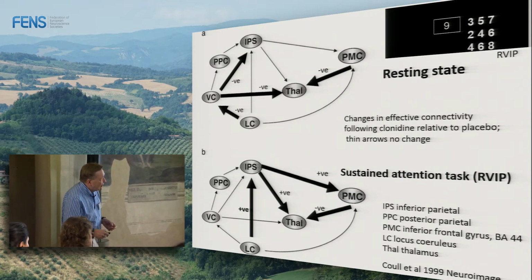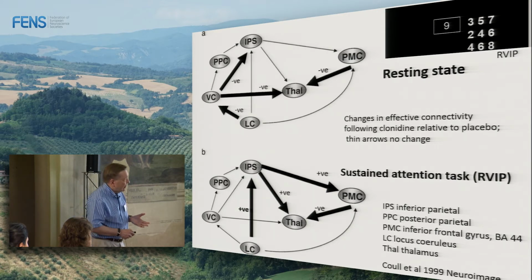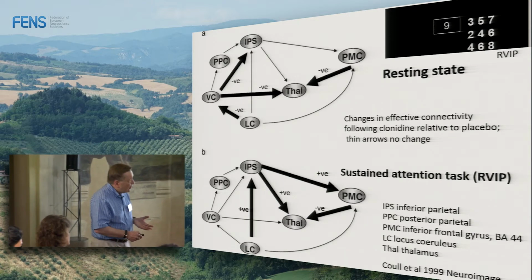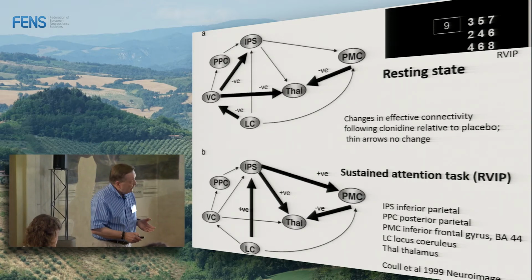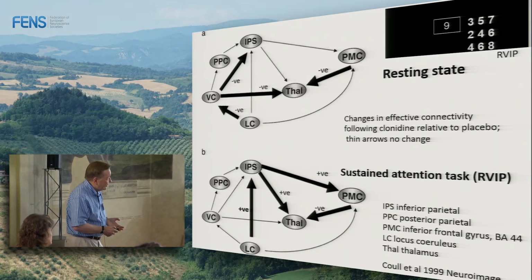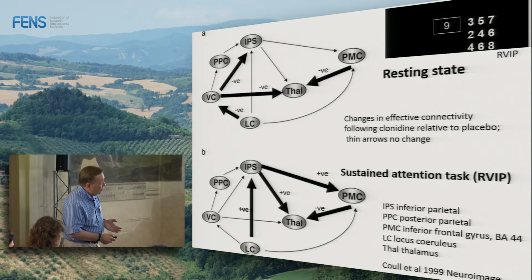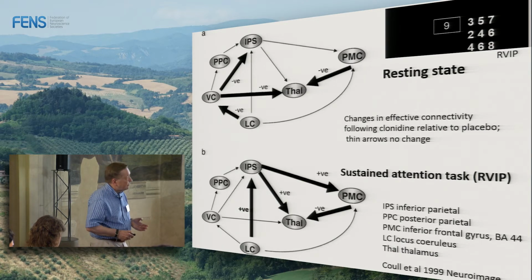But when they were performing a task, a completely different state occurred. And here you can see locus coeruleus boosting the parietal cortical activity and also affecting these other frontal cortical regions. And in fact, further analysis suggested that this boosting effect was actually a function of the frontal cortex affecting the locus coeruleus to produce this effect.